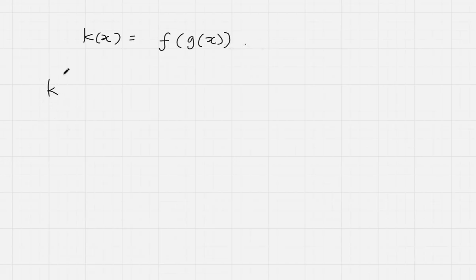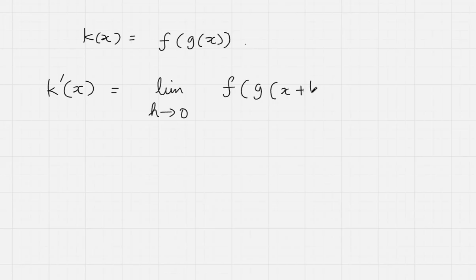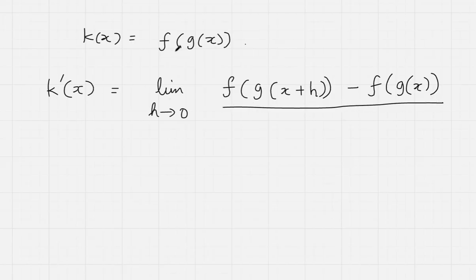Therefore, k dash of x is equal to the limit as h goes to 0 of f of g of x plus h minus f of g of x over h. That should be the derivative of k of x, which is the composite function f of g of x.